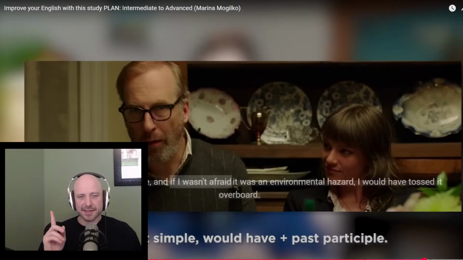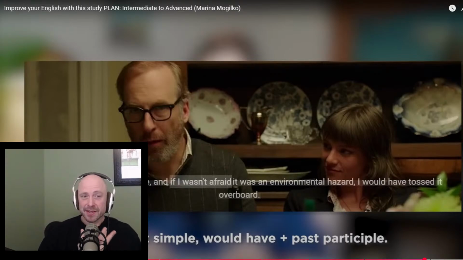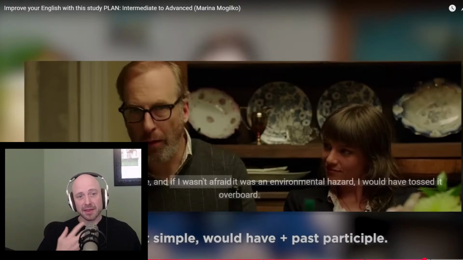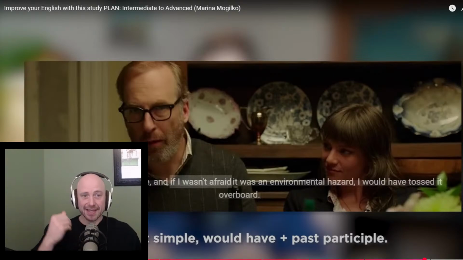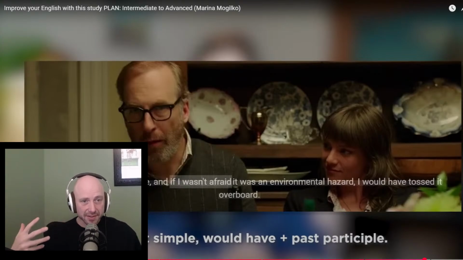Whereas I think this example is actually an example of how natural speech sometimes doesn't particularly fit the rules, because I think the person in this example is saying, if I wasn't afraid, and then they're actually talking about the past. If I wasn't afraid, I mean, I was there on that cruise last week, and if I wasn't afraid, I would have done something.